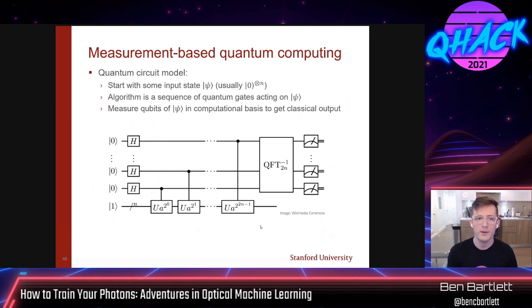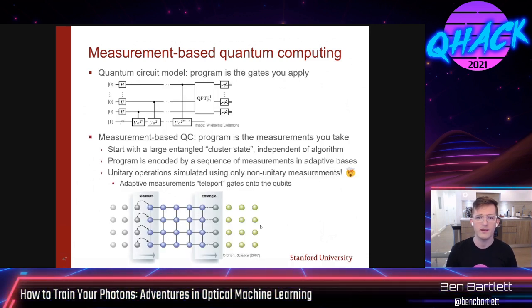So in the quantum circuit model, your program is the gates that you apply. In measurement-based quantum computing, your program is the measurements that you take. All measurement-based quantum computing programs start with a large entangled cluster state that is totally independent of the algorithm that you want to implement. And your program is encoded by a sequence of measurements that you perform in an adaptive basis.